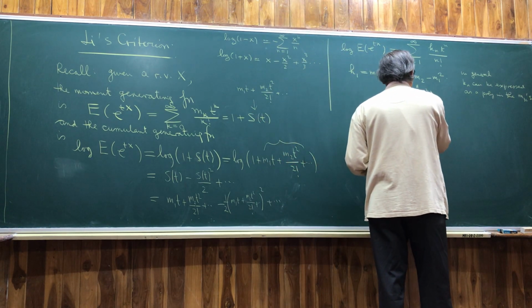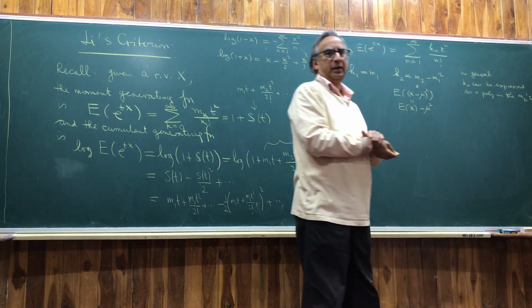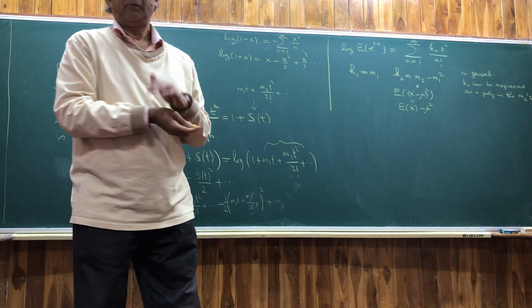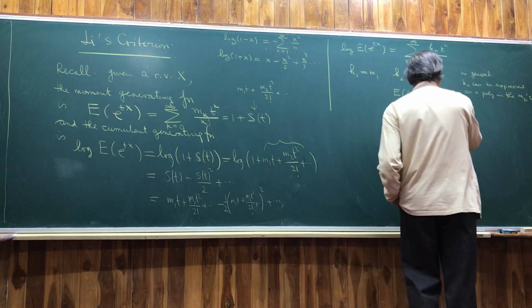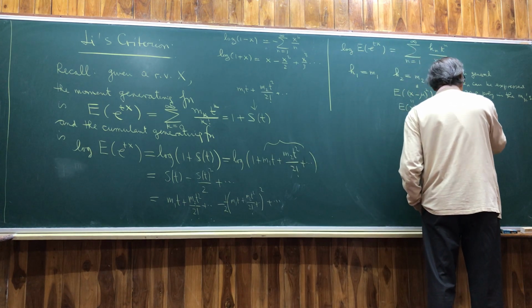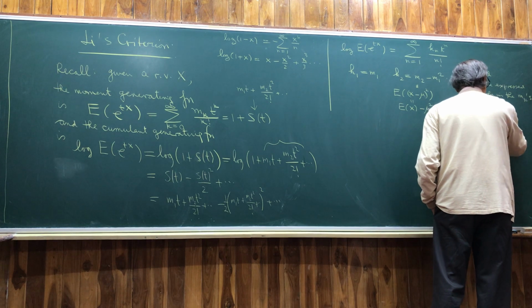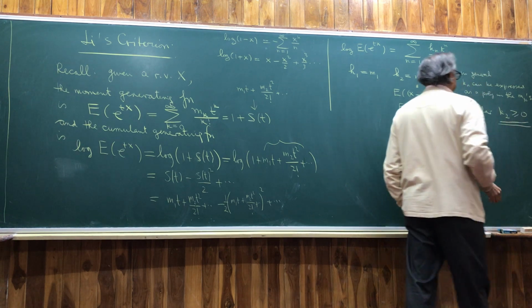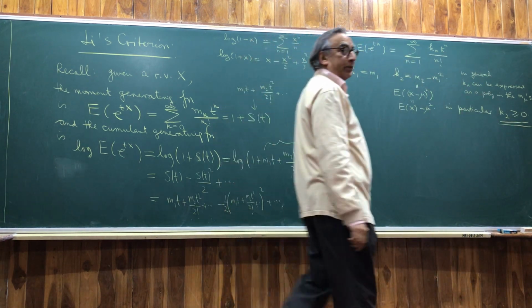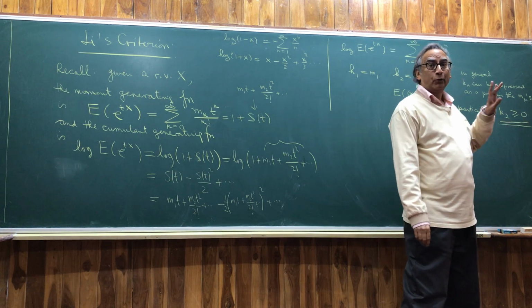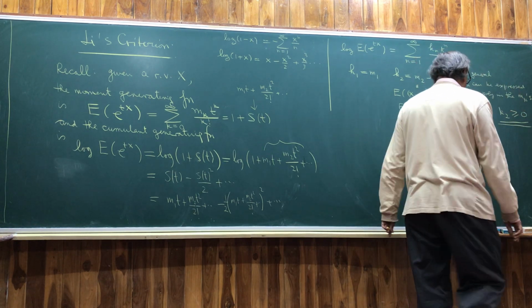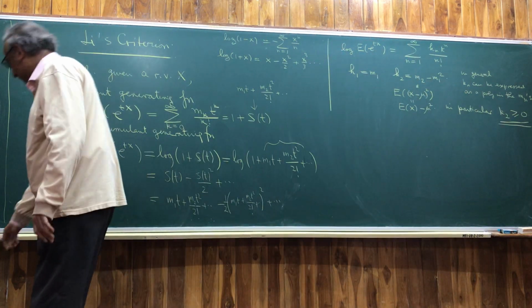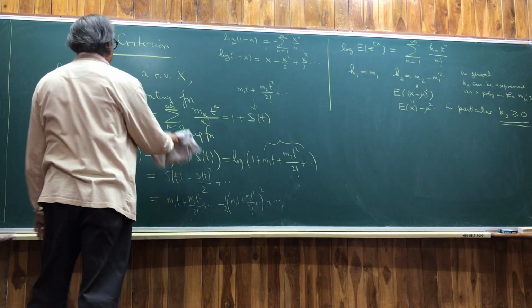So k2 is the variance, and therefore k2 is always non-negative. Just keep that in mind as we proceed.